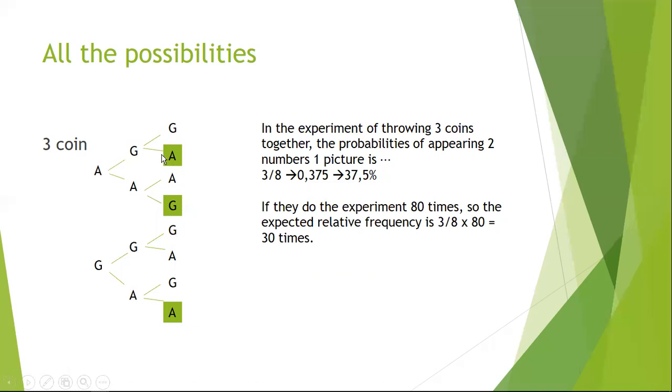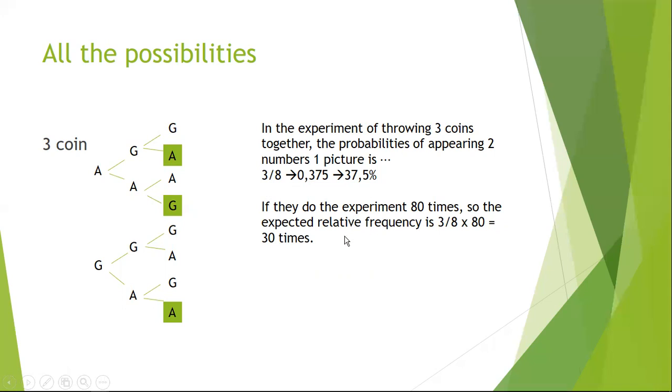So number, picture, number, no, here, this is not, this is not, and here. So we have 3 events from a total of 8 possibilities. So this is the probability, or we can write it as a decimal. We just need to convert it into 0.375, or maybe you can convert it into a percent, like 37.5%.